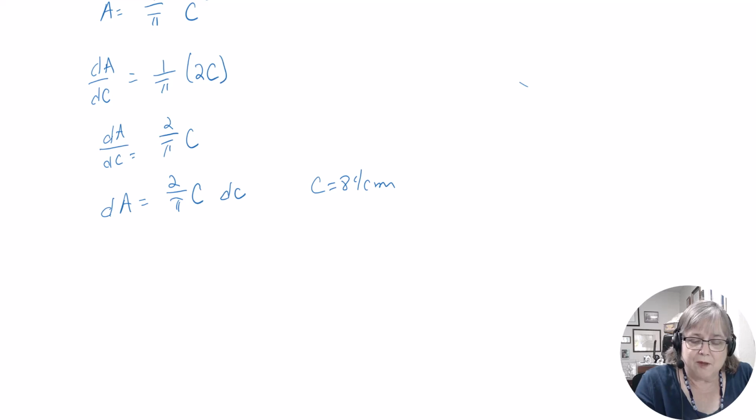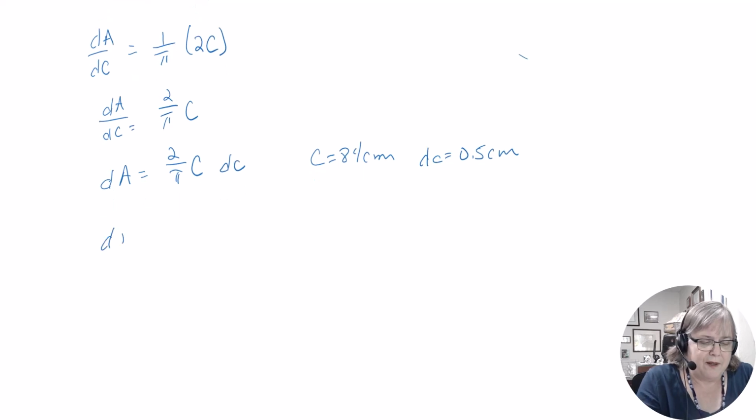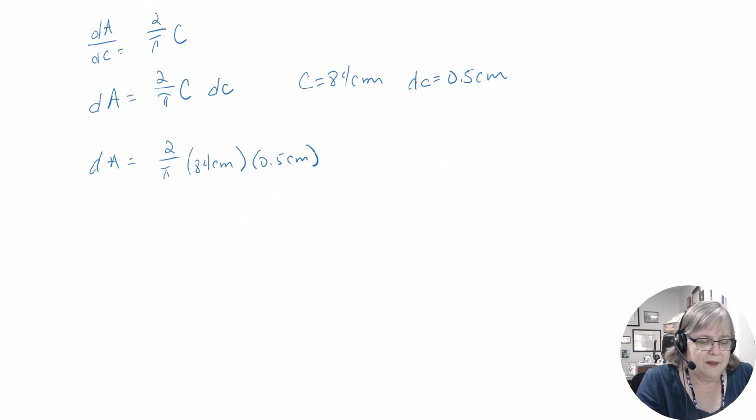And the possible error was 0.5. So I'd have the possible error in the area calculation, right, would be 2 over pi, 84 centimeters times 0.5 centimeters. So this turns out to be 84 over pi square centimeters.